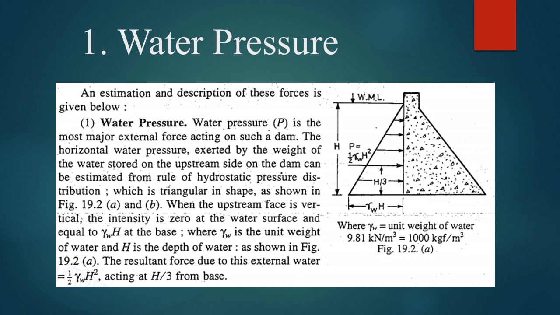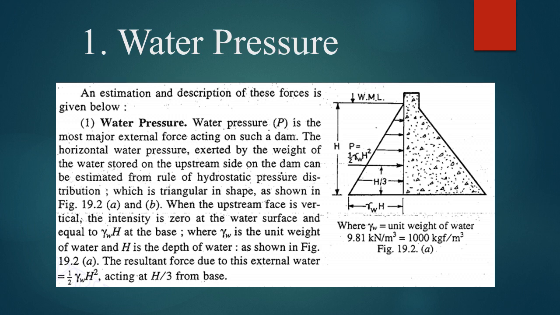As we know, the CG will lie at one third of the total height from the bottom, so at H by 3 distance, creating a force of half gamma w H square.